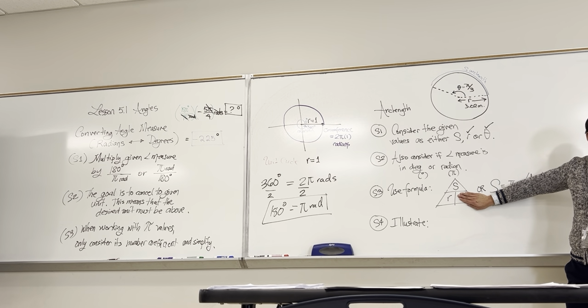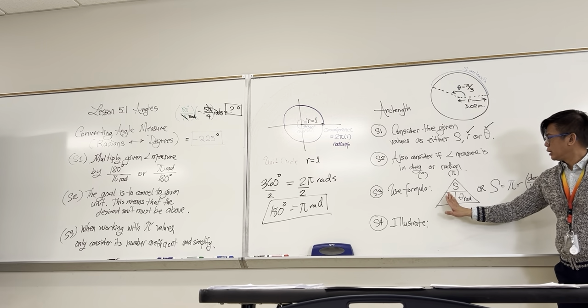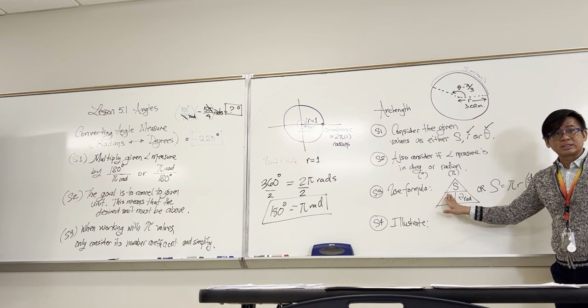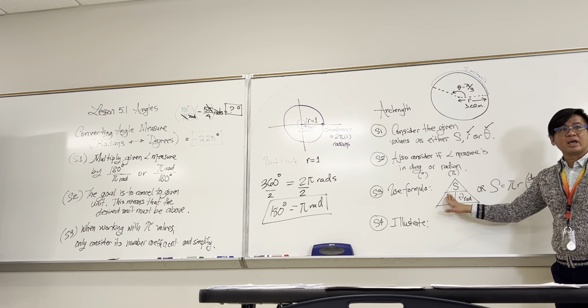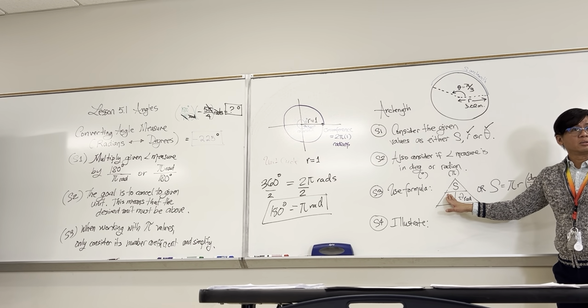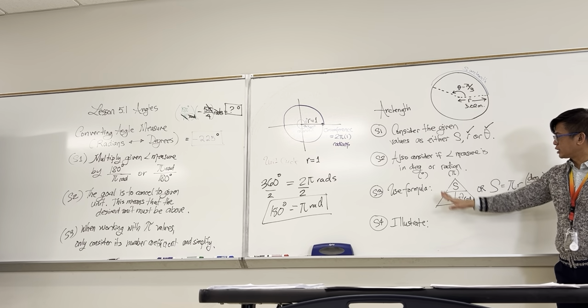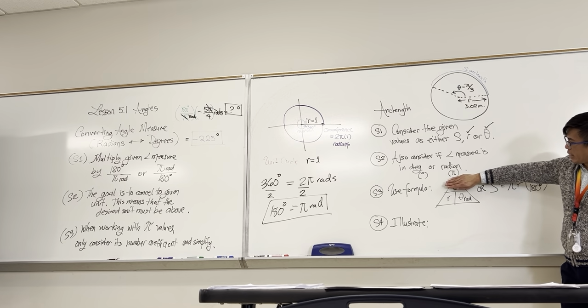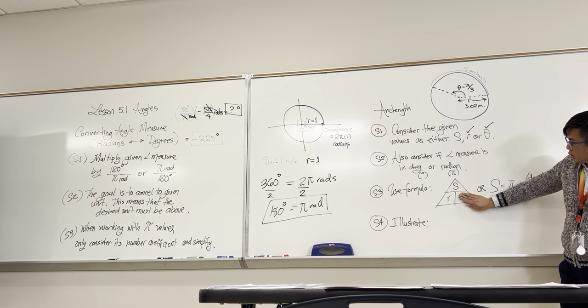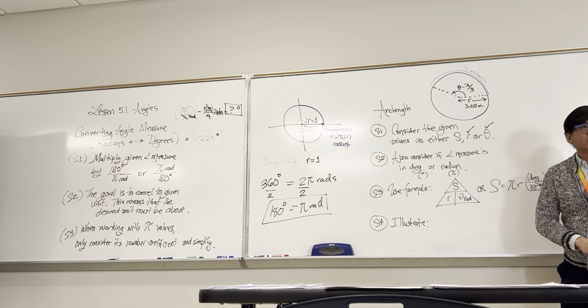Cool. And lastly, if you need radius instead, then you divide the arc length given and the radian measure angle. Okay, so again, that's why I made it into this triangle, so that it depends on what you need and how you solve for it.